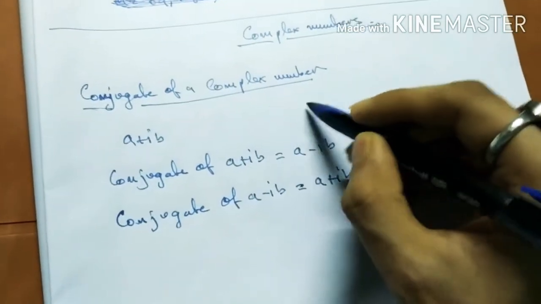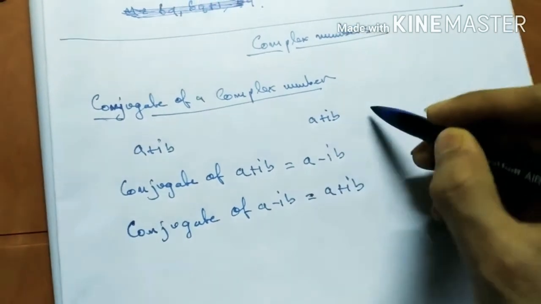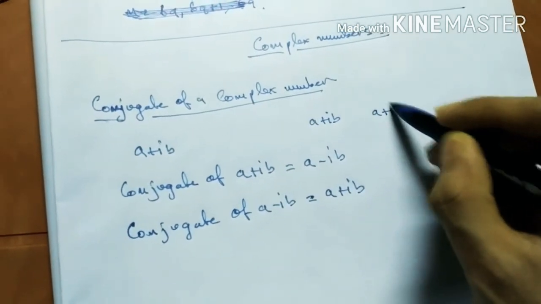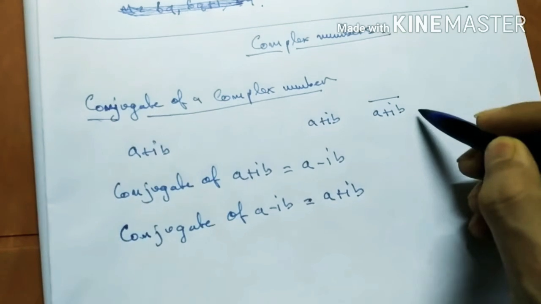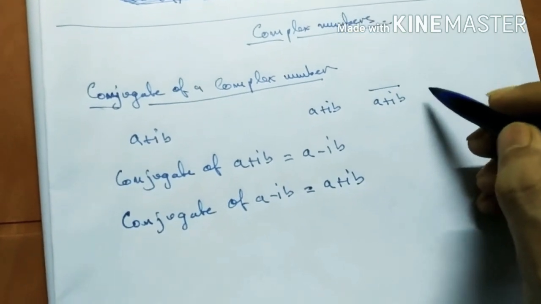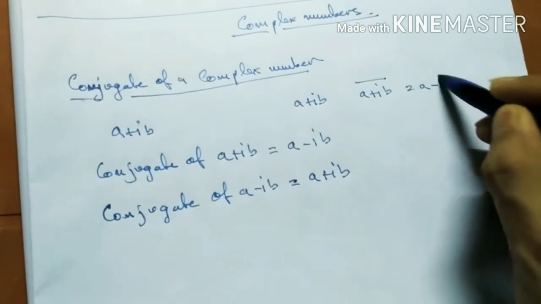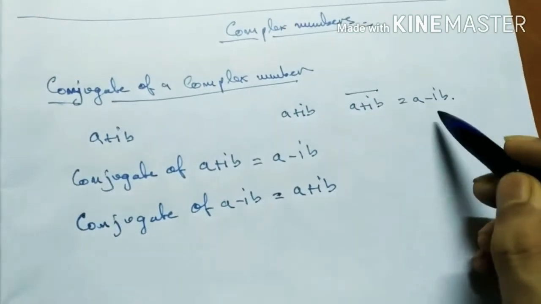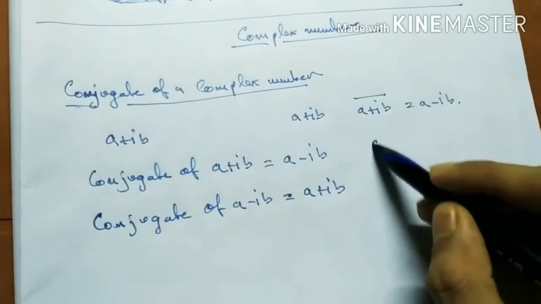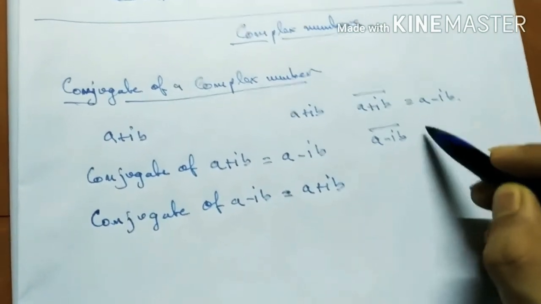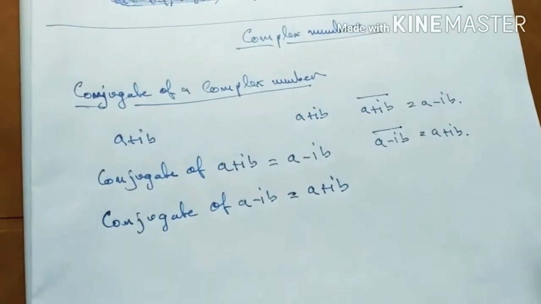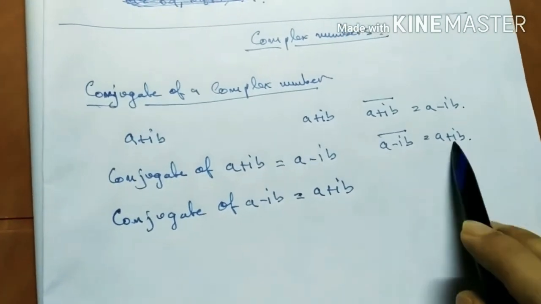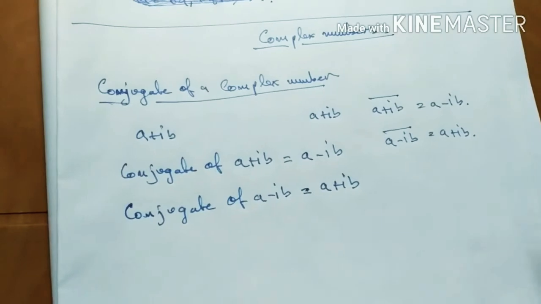Okay, if the complex number is a plus ib, then its conjugate, a plus ib bar, understand, its conjugate will be a minus ib. A plus ib bar, it will be a minus ib. And if I say that a minus ib bar, it will be a plus ib. Very easy there, understand, just the middle sign you will have to change.